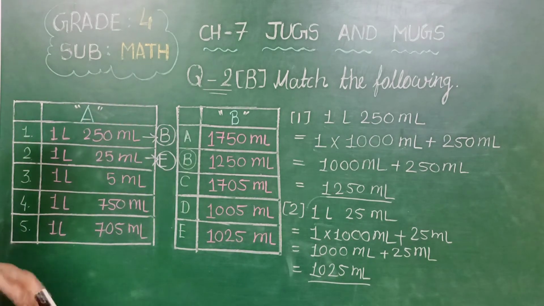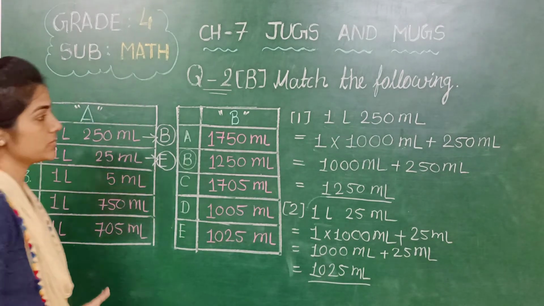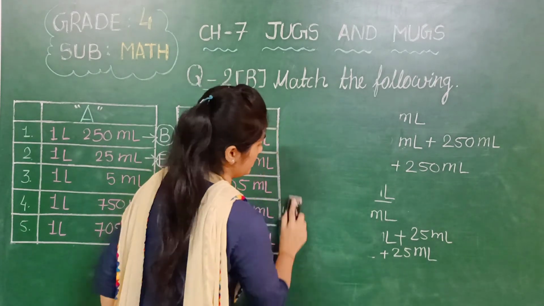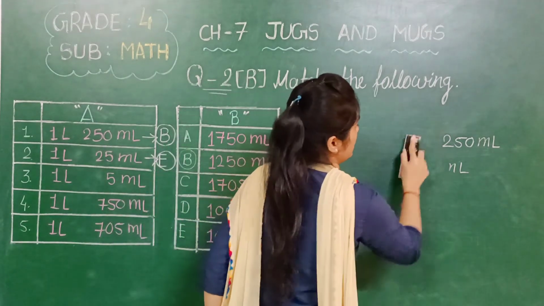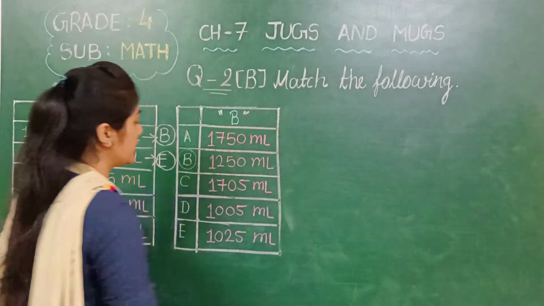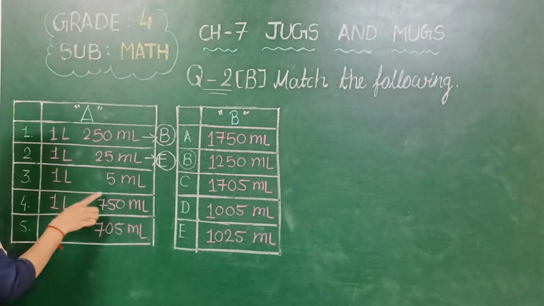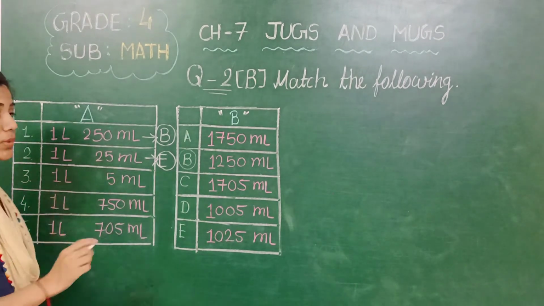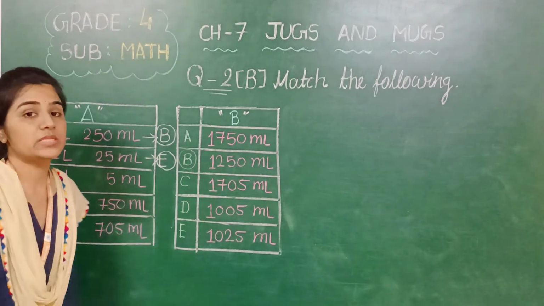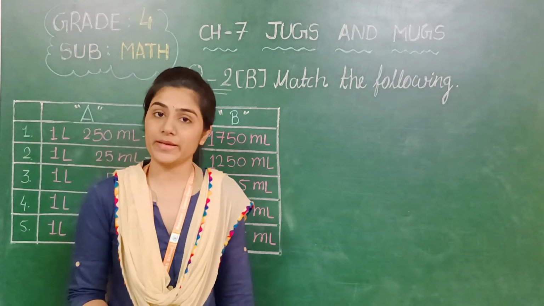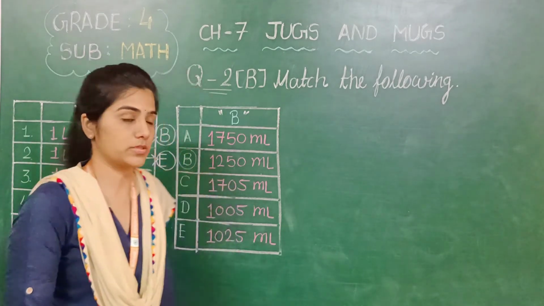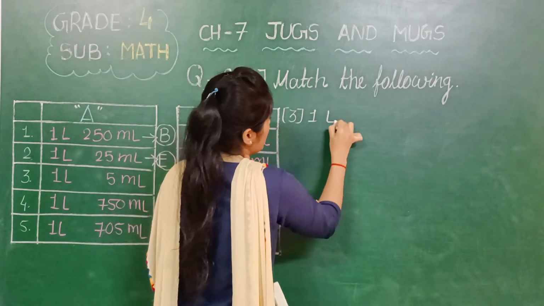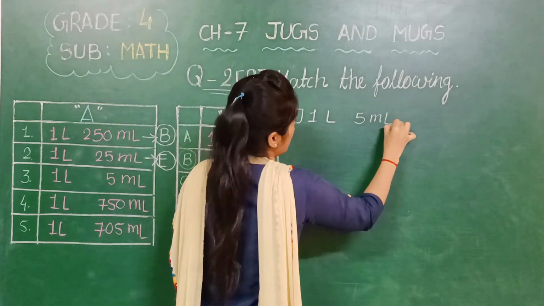Now similarly we have to solve the remaining numbers. So I am writing it. Question number 3. 1 liter 5 ml. Now you can also do it directly. See, 1 liter means 1000, and 5 ml means in 1000 we have to add the 5 ml. So 1005 will be the answer. So let's cross check our answer. 1 liter and 5 milliliter.